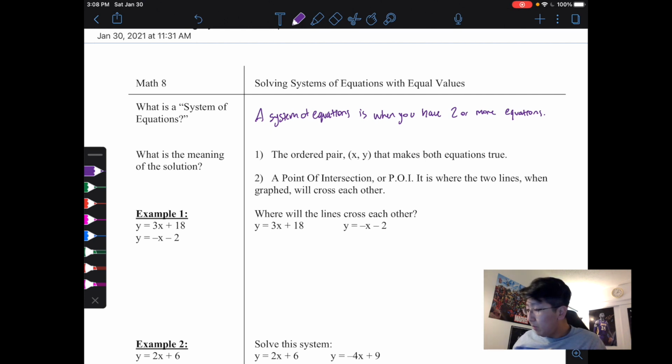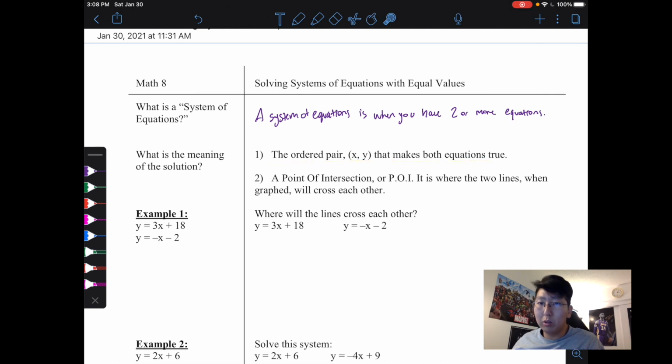So when we ask you to solve a system, it's basically saying, we have 2 lines or 2 equations. What is the meaning of a solution when I say to solve a system of equations? The meaning of the solution is the ordered pair that makes both equations true.